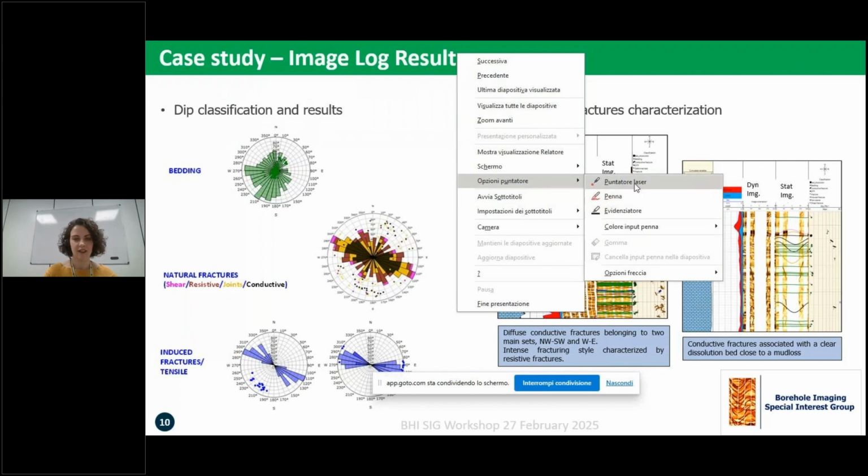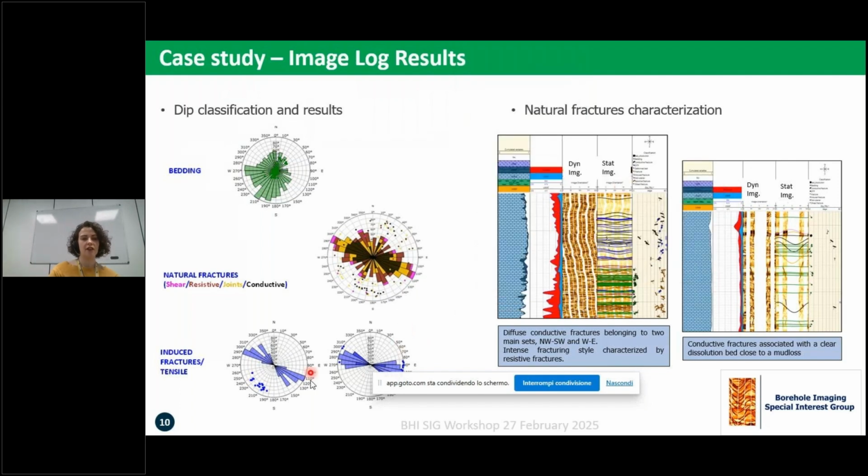The induced fractures are the main inputs for our stress inversion workflow, which provides important information about the orientation of the horizontal stress. And then we have a different set of natural fractures, both resistive and conductive, and then also shear and joints, providing a particular framework of the reservoir.